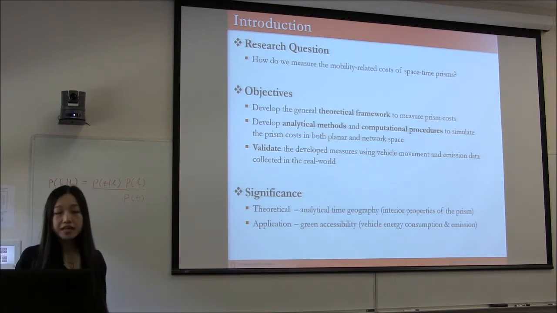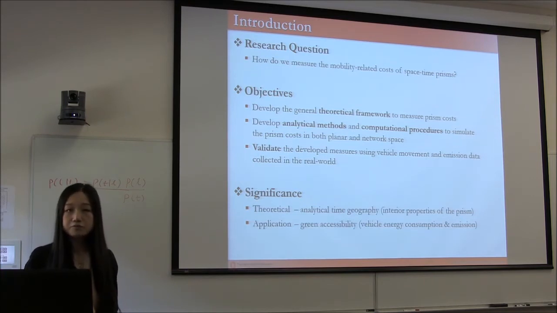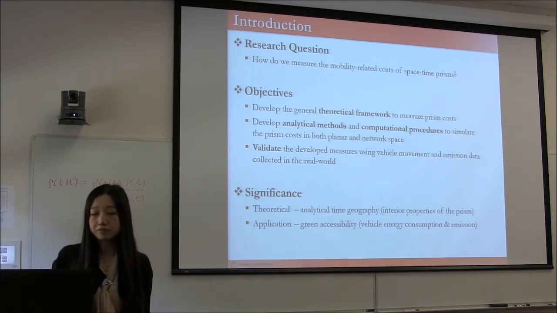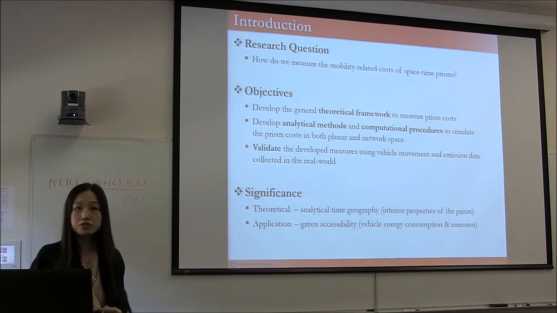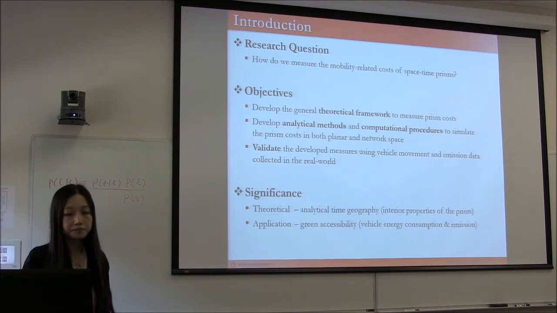The research can not only complete analytical time geography by depicting the interior properties of the prism, but also serve as the foundation to develop green accessibility measures, the benefit-cost measures.